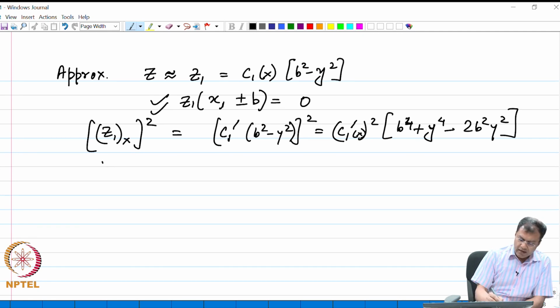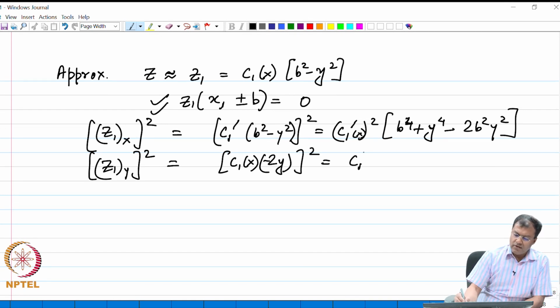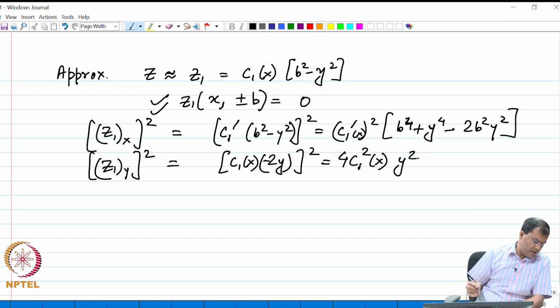And z1_y whole square: we differentiate c1 of x times b square minus y square, we get negative 2y, we square this up, we get c1 square times 4 y square.